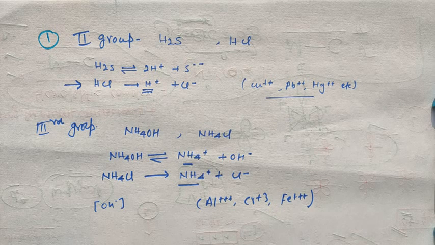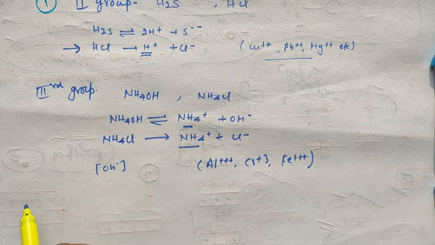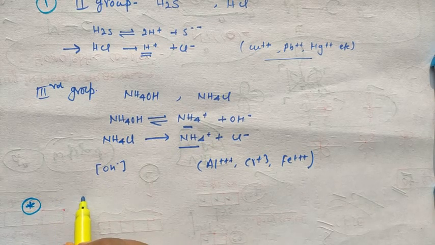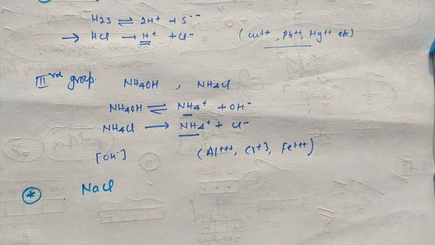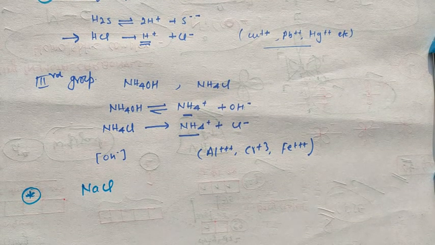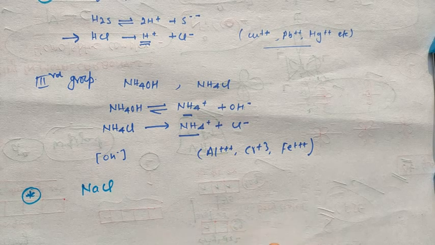But the common ion effect is also very important for the purification of NaCl from brine, by passing HCl gas into the saturated solution of impure NaCl. Next is the salting out of soap, where soap is sodium stearate.